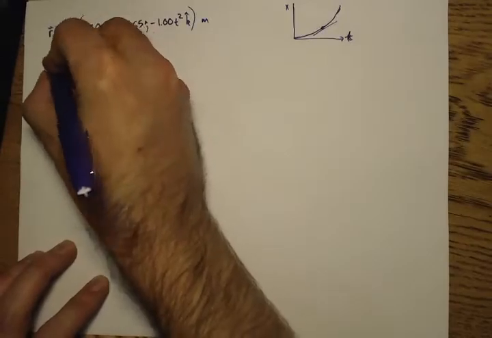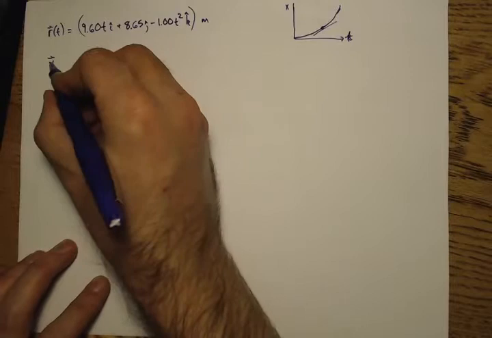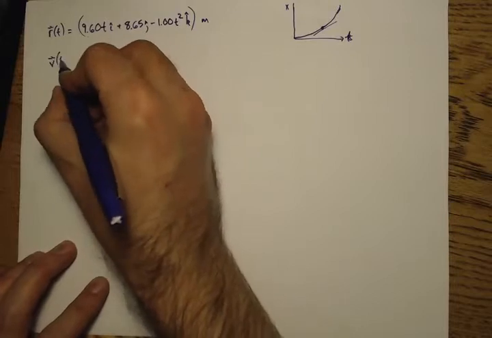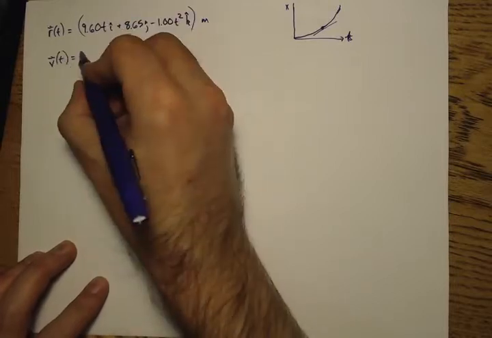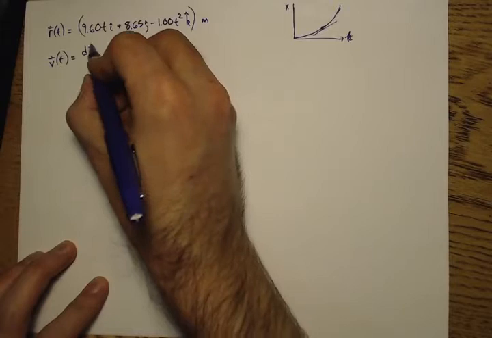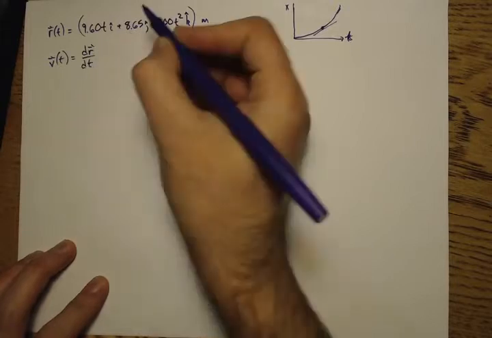So it's the same thing in the 3D case with vectors. The velocity as a function of time is given by the derivative with respect to time.